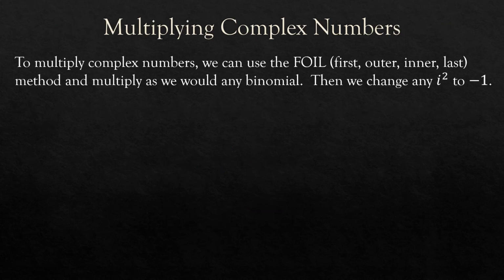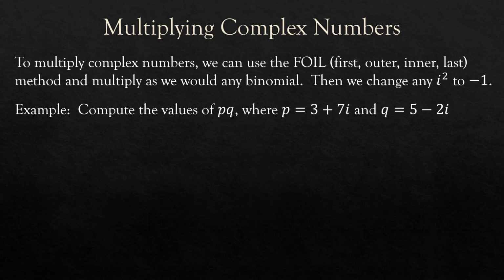To multiply two complex numbers, we can simply use the FOIL method, first, outer, inner, last, and then multiply as we would any binomial. Then after it's all said and done, we will change any i squared to negative 1. So for example, if I want to compute pq, where p has the same values as before and so does q, I will do it like this.